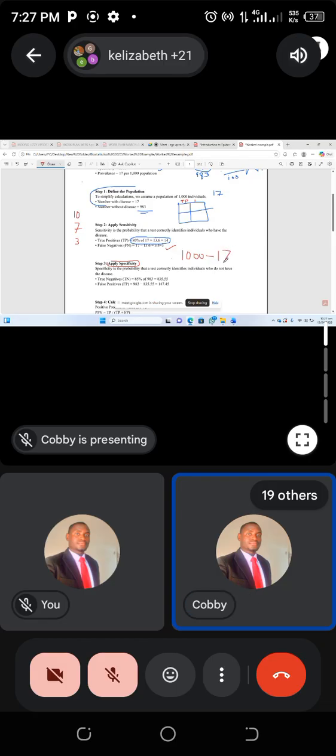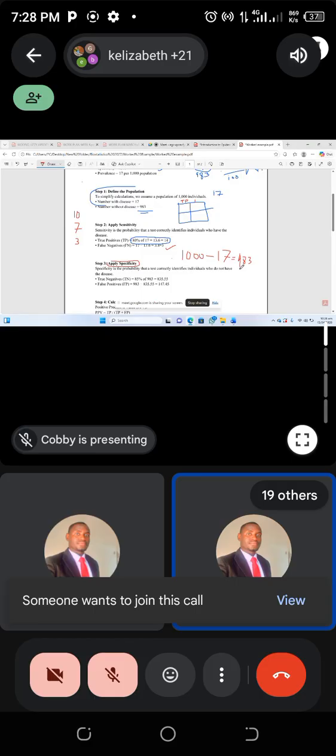So how many people do not have the disease? When we subtract 1,000 minus 17, 983. Okay, so now 983 people do not have the disease.